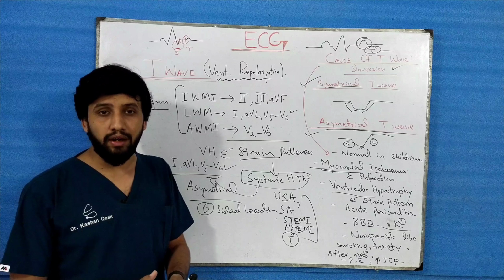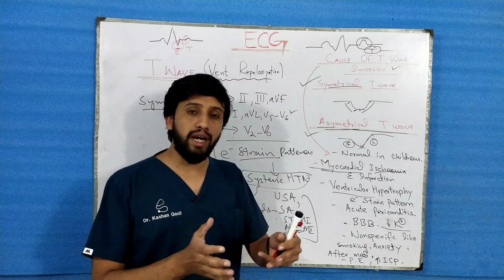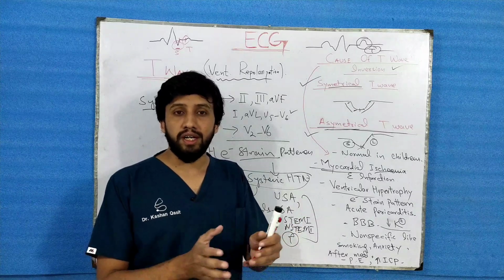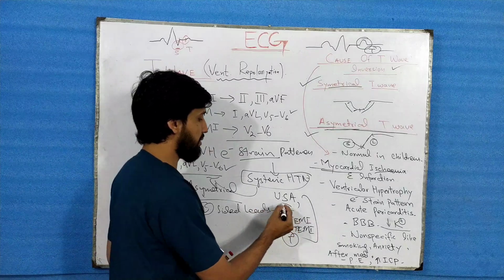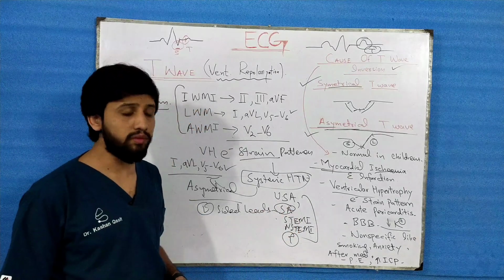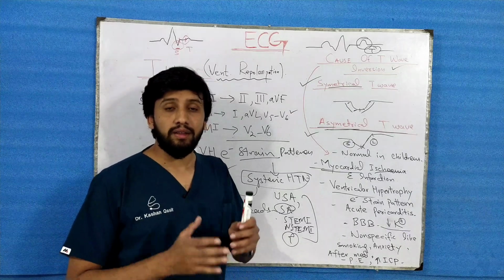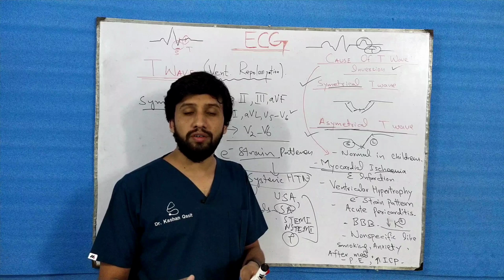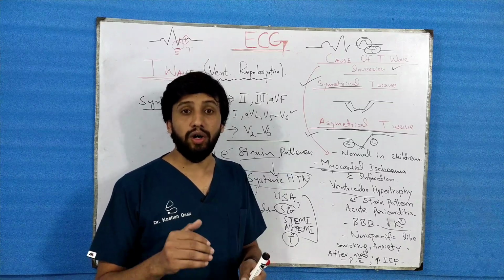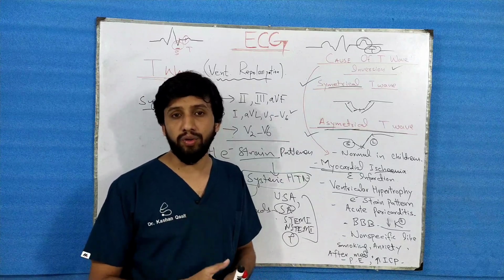Like in stable angina, the patient comes to you with chest pain, but when you get the history, if the pain is relieved by taking some rest, then definitely this will be stable angina. Likewise, in unstable angina, the patient comes to you with the same complaint of chest pain, but this is not relieved by taking rest, or it takes more than 15 minutes.